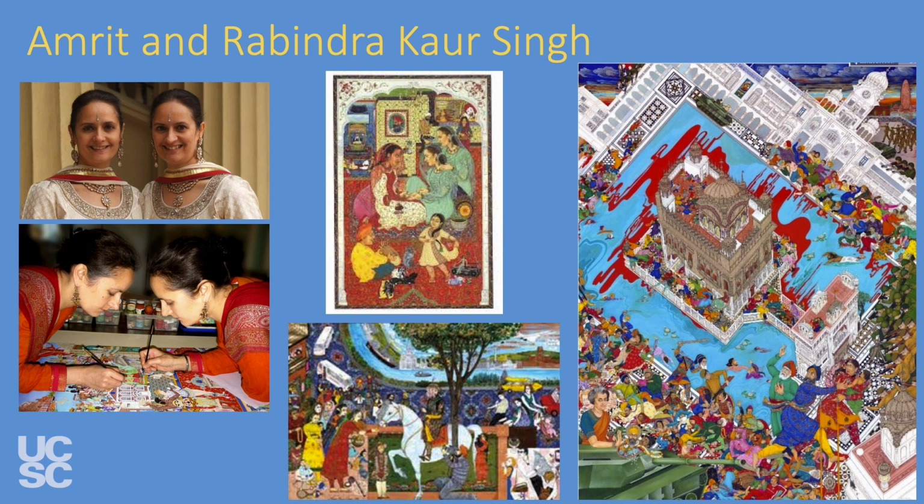In the middle, you can see, again, this is not using modern Western styles of perspective, but much more in the 18th century miniature style. In the middle, you can see the Darbar Sahib, and it's very strikingly surrounded. The sacred pool is tainted with blood, very bright red blood.